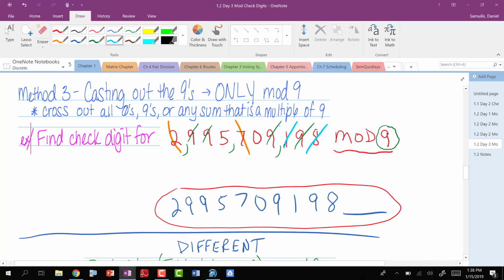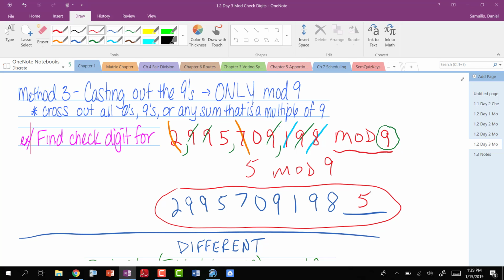What's left over? 5. Guess what the answer is? 5. So through casting out the 9s, we got a quicker sum. And remember, whatever the sum leaves as a remainder, so will the actual number, 2,995,000 and so on, when it's divided by 9. It will have a remainder of 5, doing it the calculator way.